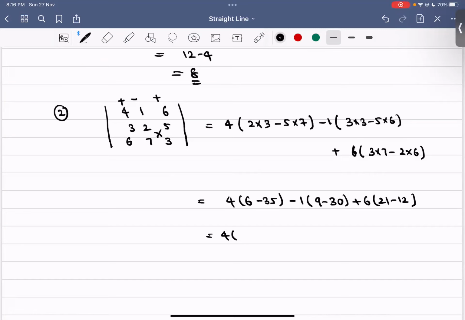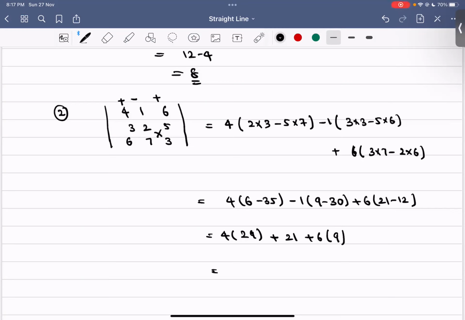Tell me. 29. So this is minus 29, plus 30 minus 9. What is this? 21. So this is 21, plus 6 into, what is this? 9.